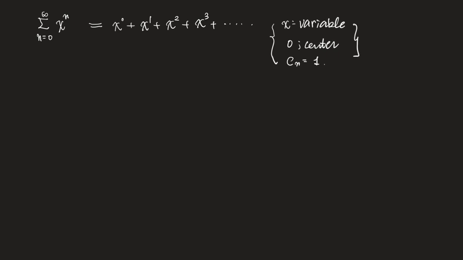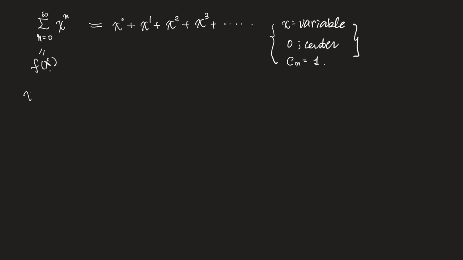The problem with this power series is that we have to know which x values make this series converge. So let's call this f of x because that's a function of x. When you plug in x, you're going to find some value. This function makes sense if the series converges.